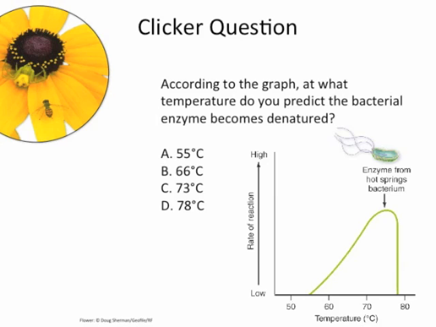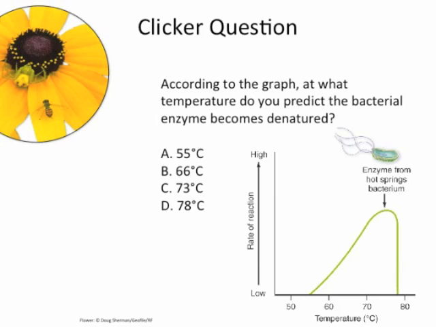Okay, last few responses, if you haven't already. Okay, so here's what you said. Most of you said 78, so about 68% of you. A few of you said 73, and a few of you said 55.